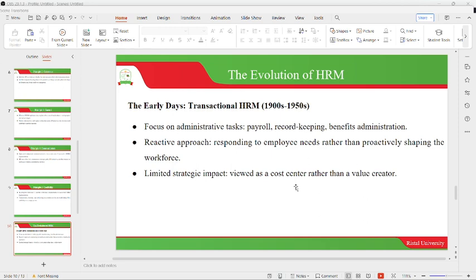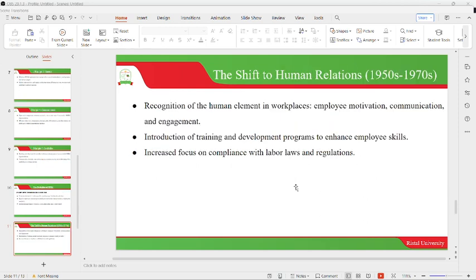So the next stage in the evolution of human resource management is now the shift to human relations. That is from 1950s to 1970s. Under that, we have the recognition of the human element in the workplace. So this is where people now start motivating employees and engaging employees in some of the activities within the organization. Okay, motivation can be in terms of training.